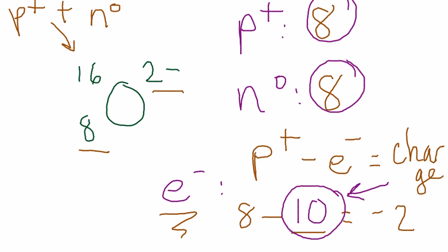Why don't you give it a shot? I'm going to give you another symbol set, and you can tell me what's going on here. So here is aluminum, and we'll say 13 because that's its atomic number.